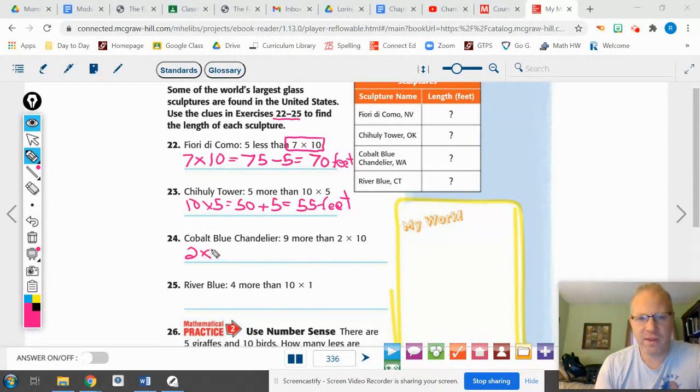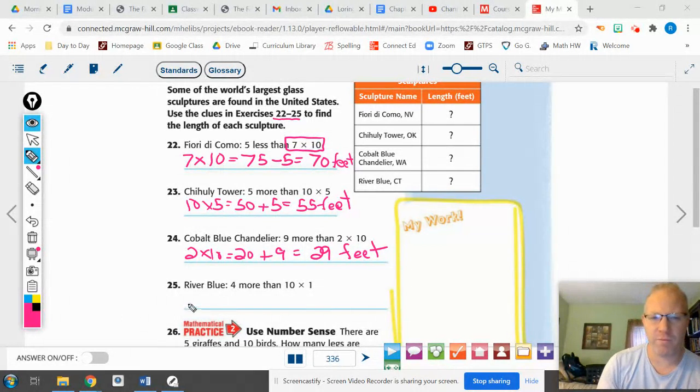So we have 2 times 10 equals 20, plus 9, because 9 more than 20 is 29 feet. Then we have river blue, which is 4 more than 10 times 1. 10 times 1 equals 10, plus 4 equals 14 feet.